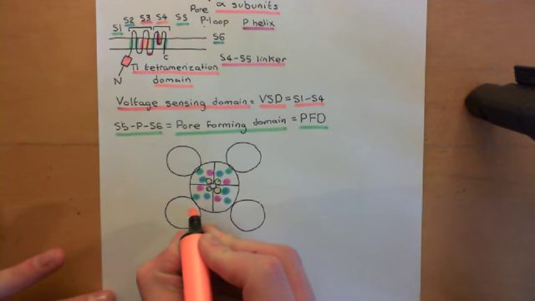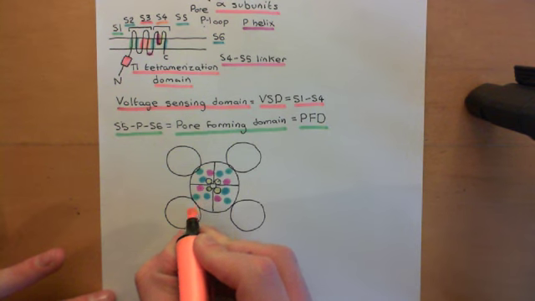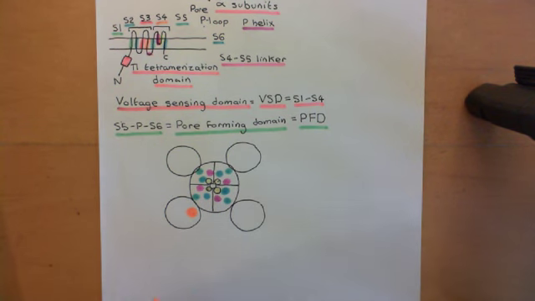Okay, so now let me put the S1 to S4 membrane spanning alpha helices in. So here is the S4 membrane spanning alpha helix. I'm just going to put all 4 of these on, and then I'll explain how it actually makes sense.